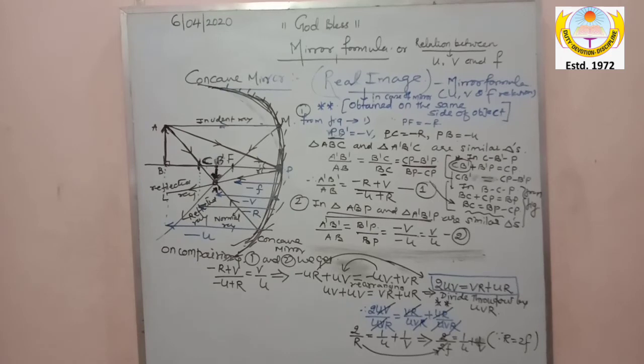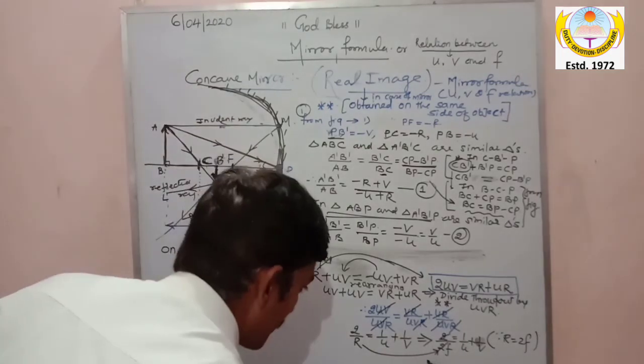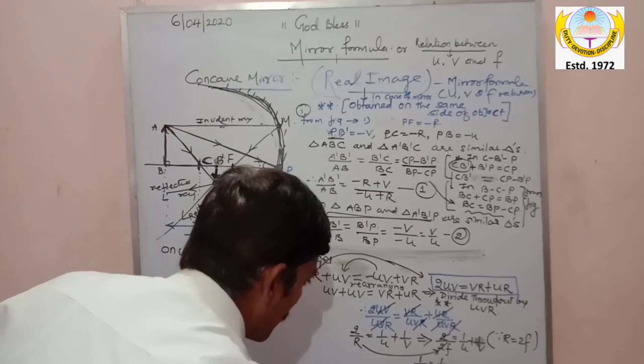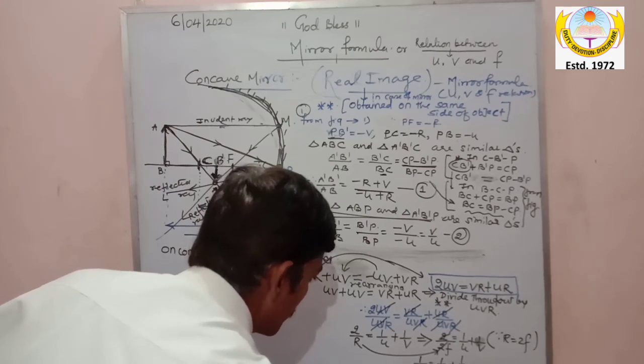You can see very clearly, we got the mirror formula. And now what is left is 1 by F is equal to 1 by U plus 1 by V.